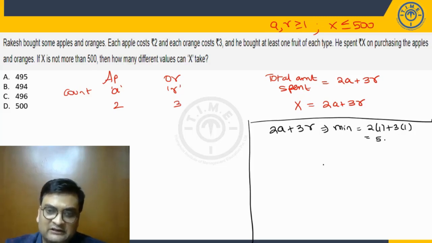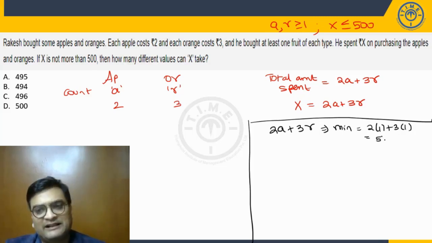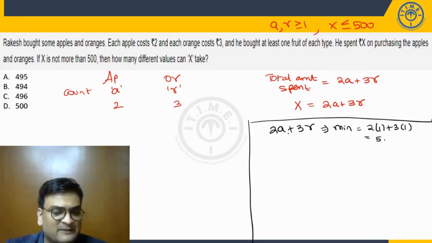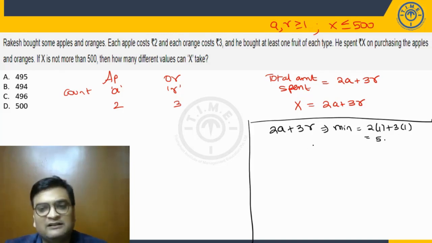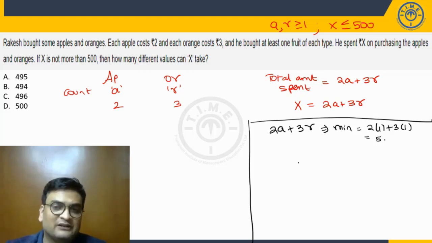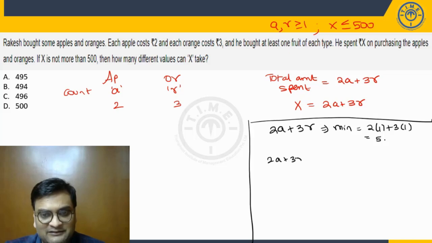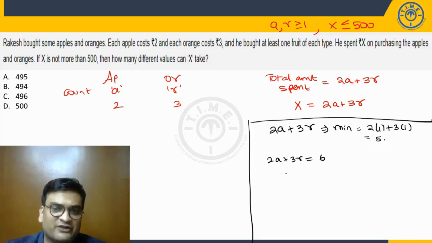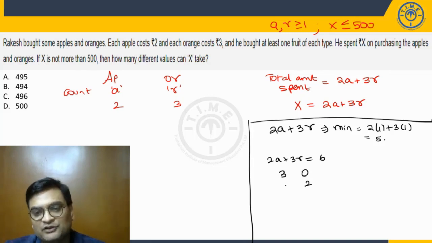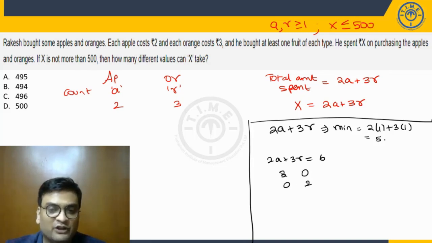Now please check what other values are not possible. If I go one step higher than the minimum, let's say 6, so 2A plus 3R equals 6. What will be the solutions here? A equal to 3, R equal to 0, or R equal to 2 and A equal to 0. Both will not be acceptable because both need to be greater than or equal to 1. So this expression cannot take the value of 6.